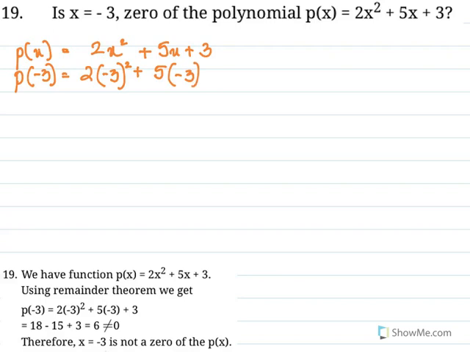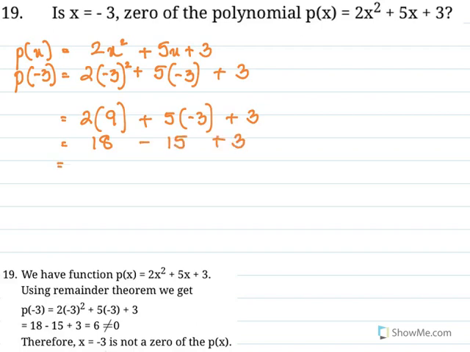So 2 times 9, plus 5 times minus 3, plus 3. So 18 minus 15 plus 3. So 18 plus 3 is 21, minus 15, which is equal to 6.